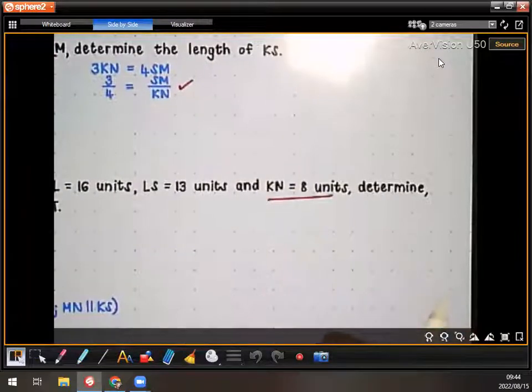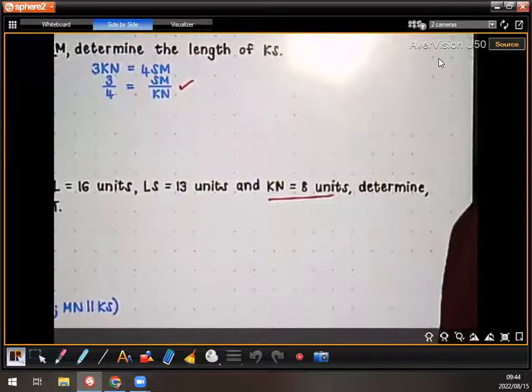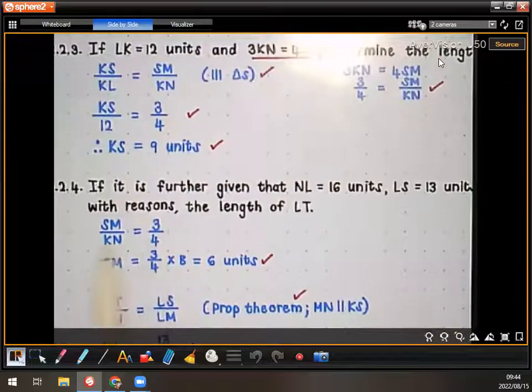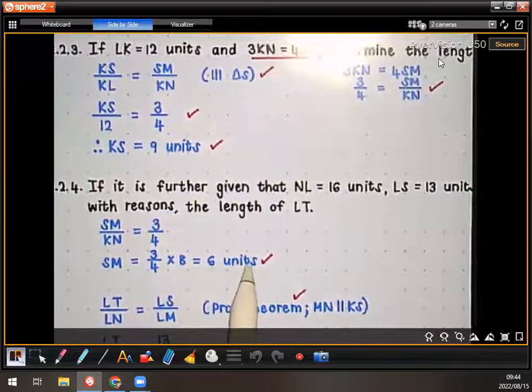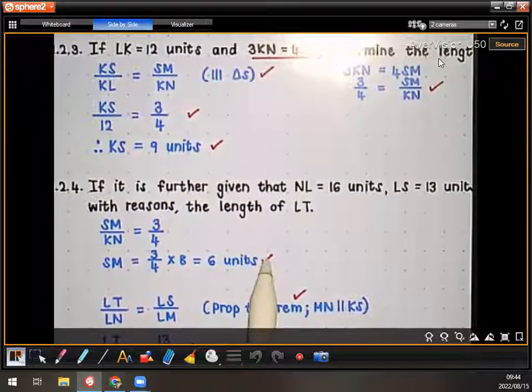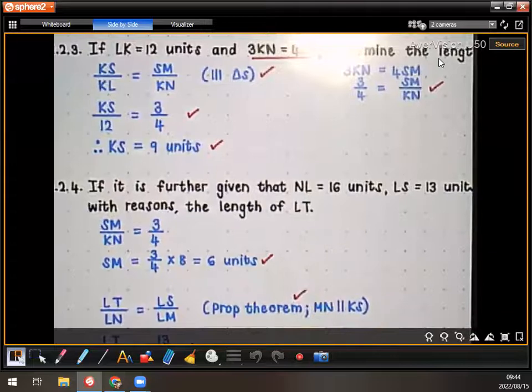I just used the ratio which they gave us in the previous question. KN was 8, so to get the 8 out from the bottom, we times it, so SM was 6. In many cases, this was the mark that people got in this question: calculating SM.